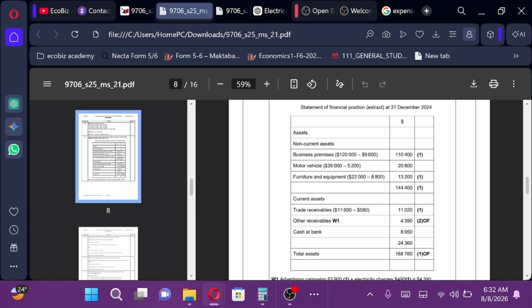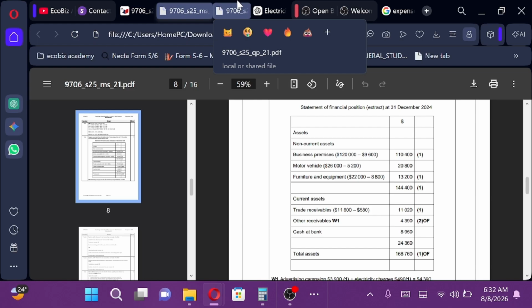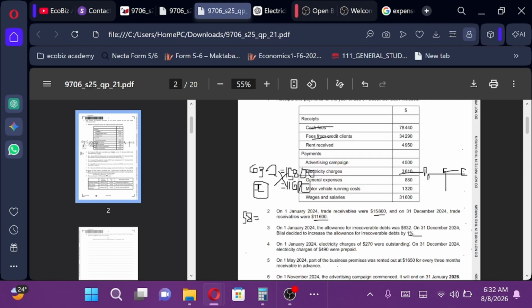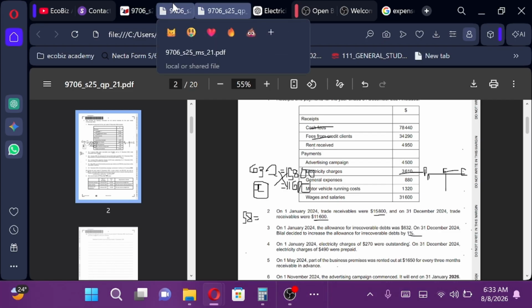We'll get these amounts. Now the total of the non-current assets is 144,400. Now we're going to trade receivables. Remember, the trade receivables here was 15,800 and 11,600.